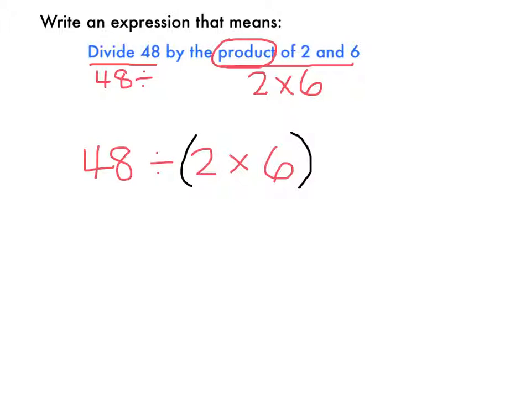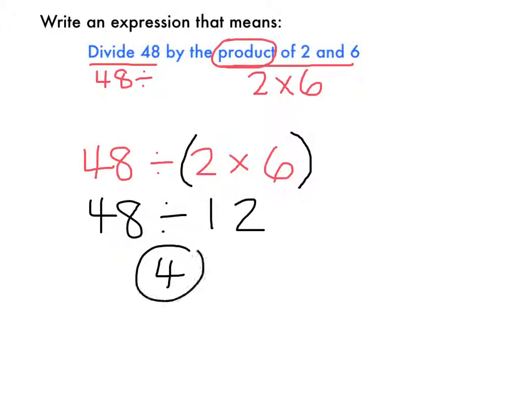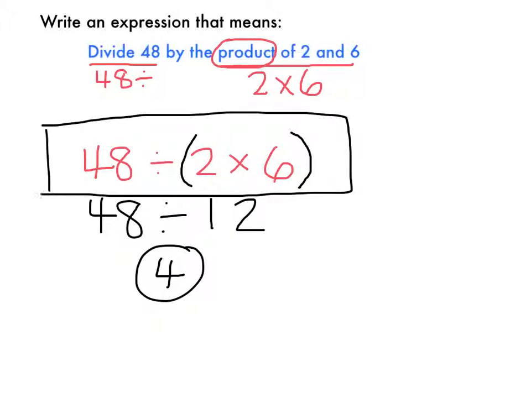So now I would get 48 divided by 12, which would be 4. And that would make sense. So my expression would be 48 divided by parentheses 2 times 6. And that would match divide 48 by the product of 2 and 6.